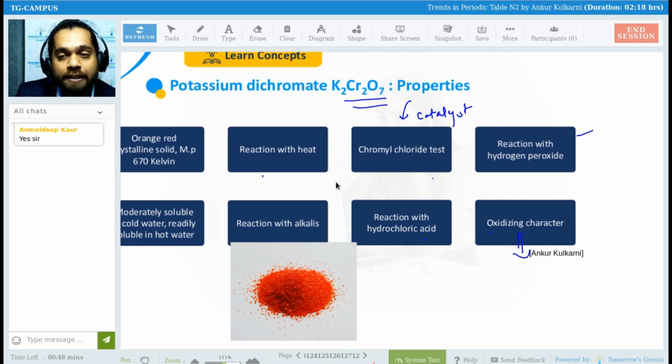Now, this oxidizing character is important for organic chemistry. It is a good, strong oxidizing agent. With respect to organic chemistry, what is an oxidizing agent? Sarjana, what is an oxidizing agent?